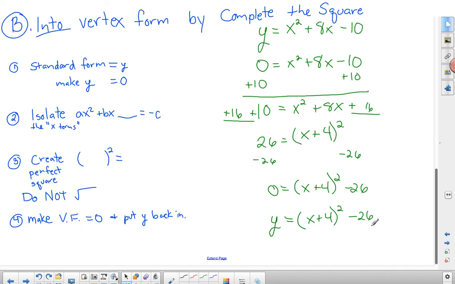I hope you paused your work, and I hope that seeing the notes alongside this example was helpful. I have one more thing for us to do with vertex form, so you have one last video to watch.